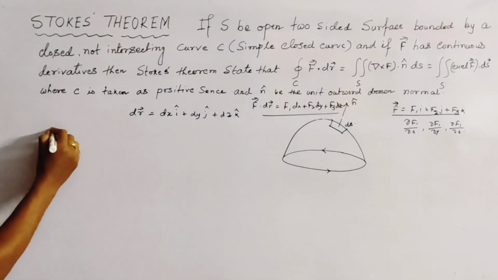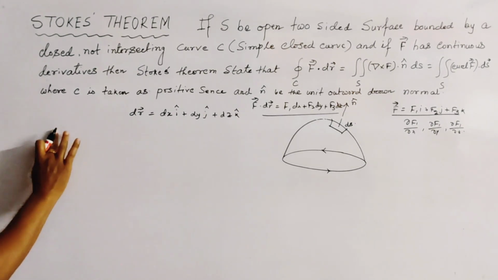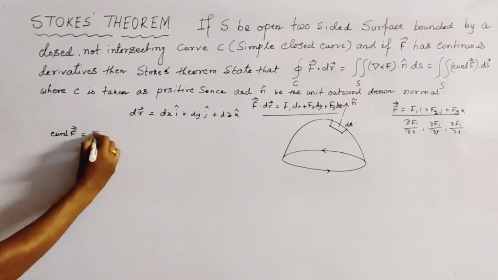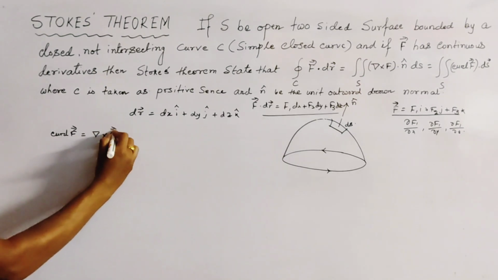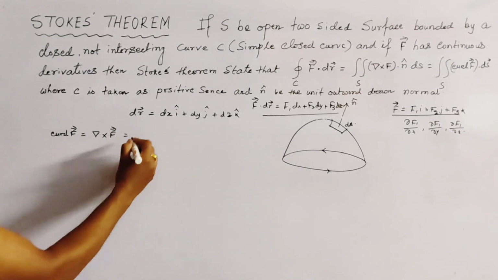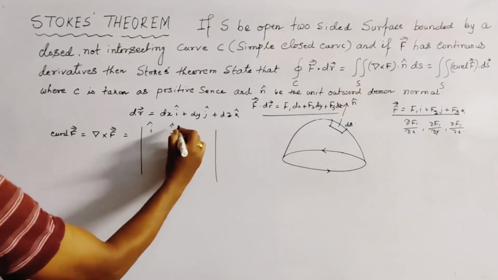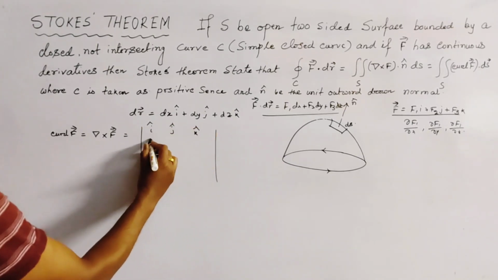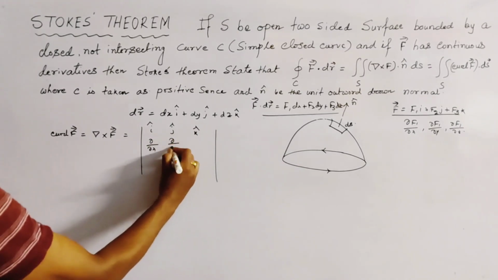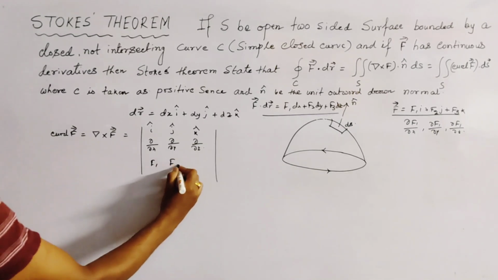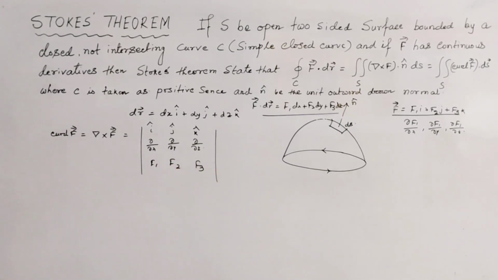Now we find curl f, or nabla cross f. This is the same symbol. This is equal to the determinant with rows i cap, j cap, k cap; del x, del y, del z; f1, f2, f3.